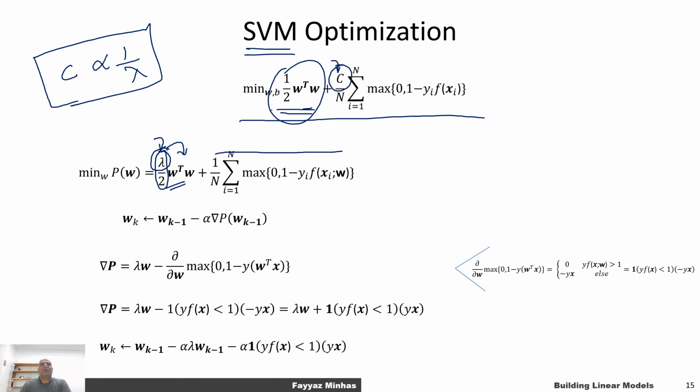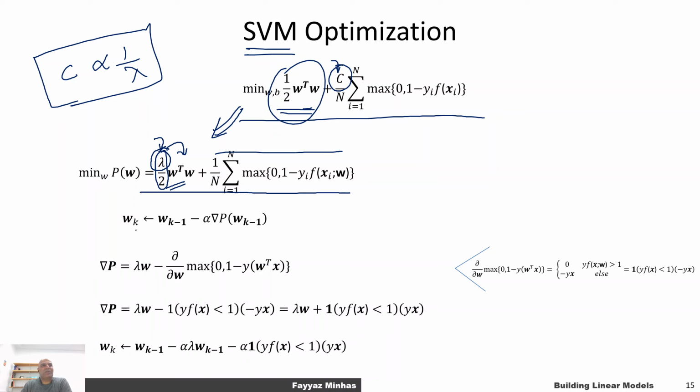Okay. So that means that we can express this optimization problem as this optimization problem over here. The only change is that instead of a C over here, we have introduced a lambda over here. Remember, both of them essentially control the role of each of these two terms. Now we have a clean mathematical representation of this, and we want to solve this optimization problem. And we have an algorithm, gradient descent, that we can use.